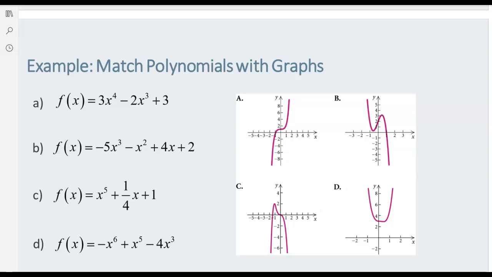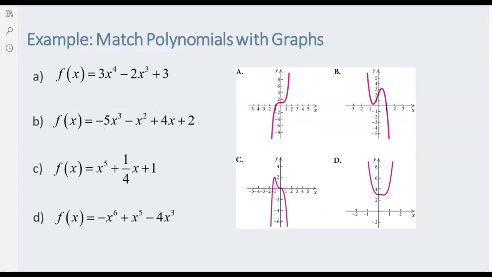All right, in this slide, we're just doing a little bit of matching. Anything that is raised to an even power, like a and d, they are going to follow the same kind of guidelines as a parabola. This looks like it's going to be even, and it's going to be positive because it's facing up, whereas this is also going to be even, but it's going to be negative because it's facing down.